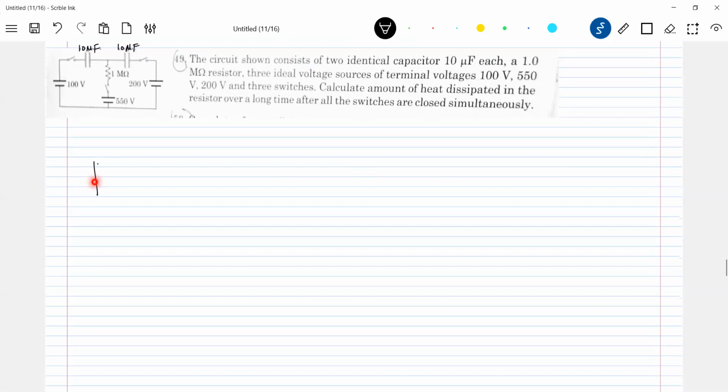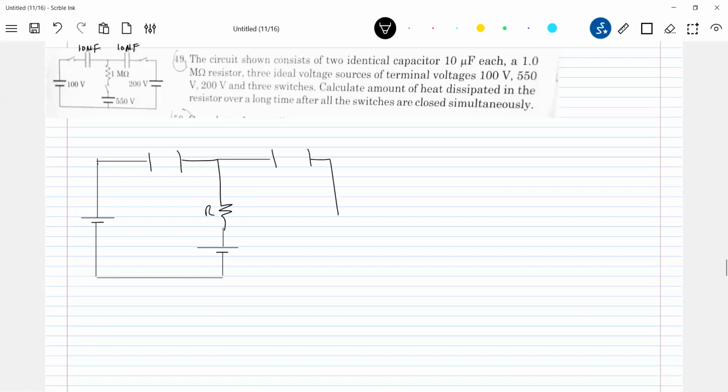So there's a cell. This is the EMF E2. Let me give some symbols.